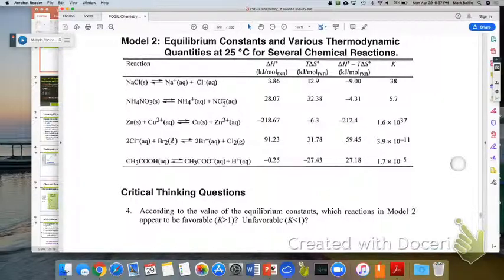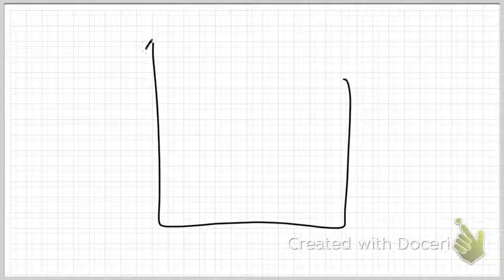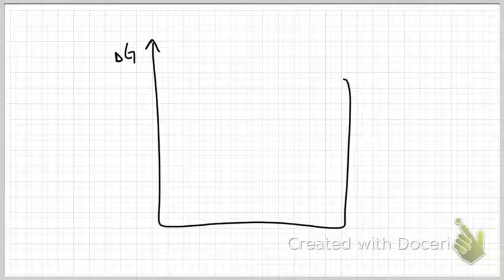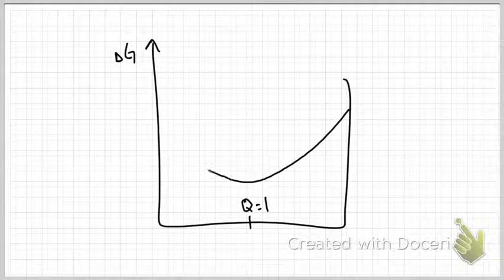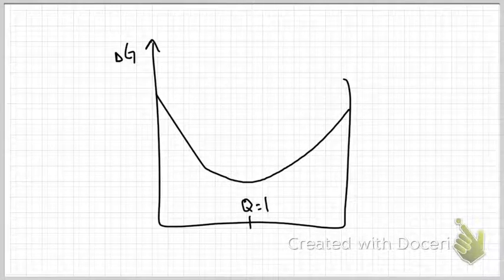It's kind of what the next question gets at, in that it says, if we have delta G naught, remember, standard conditions, Q is equal to 1. If the reaction, when we're at Q equals 1, does not favor products, does not favor reactants, that means that our Gibbs free energy diagram would have the minimum in the middle.